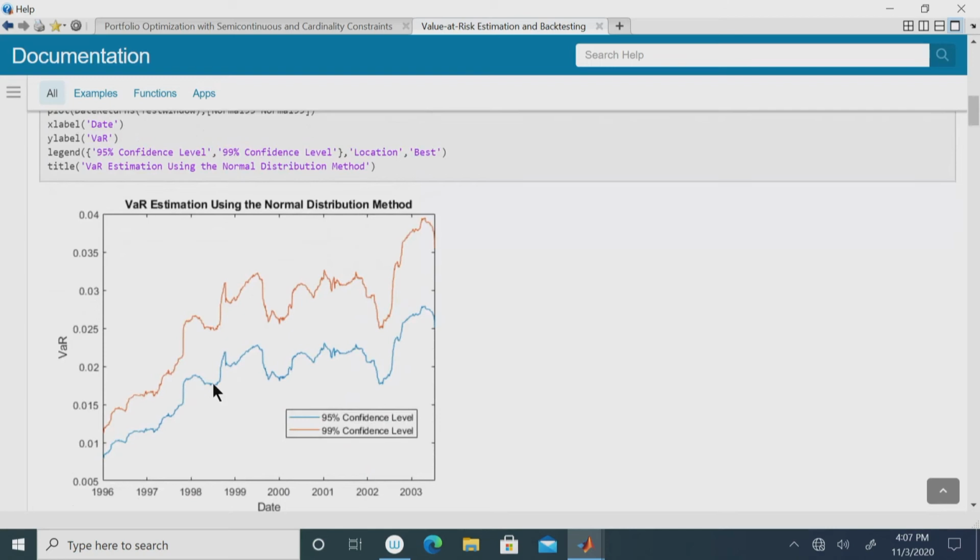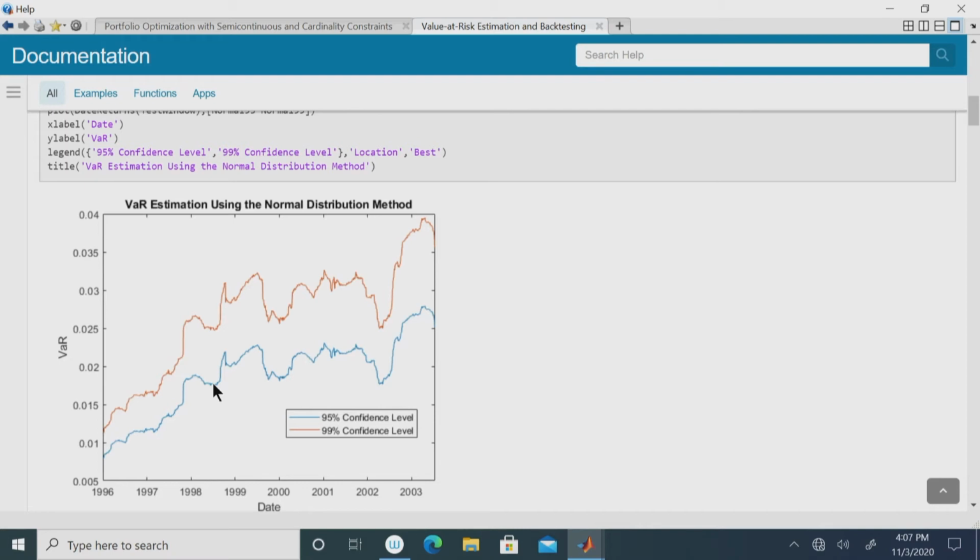Suppose that on 1st January 1996, or for the entire period of 1 year, you are making use of the data, looking at the returns and fitting them to the normal distribution, and you are using this to estimate the value of the VaR on 1st January 1997 and so on.